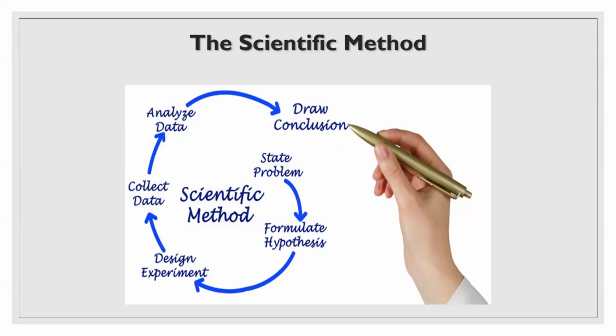So once you have identified the problem in the environment, then you begin to state or formulate your hypothesis. And that hypothesis will include the study aim. It will include the specific objectives. It will include the research questions.